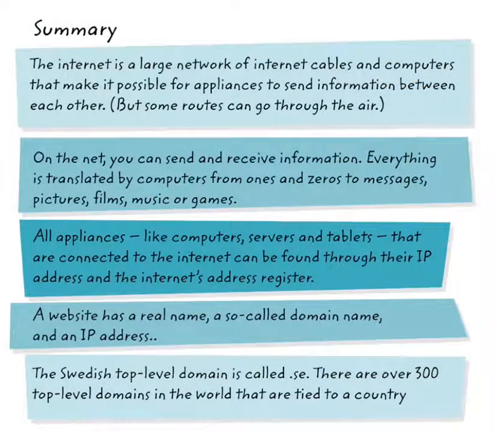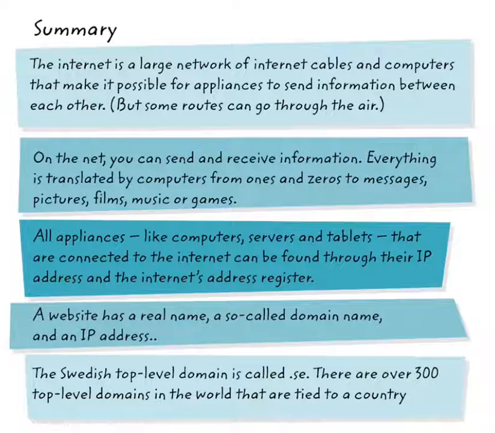The net is easy to use because there is a system with addresses so that you can always find the right way on the internet. The internet is a large network of internet cables and computers that make it possible for appliances to send information between each other, but some routes can go through the air. On the net, you can send and receive information. Everything is translated by computers from ones and zeros to messages, pictures, films, music, or games.